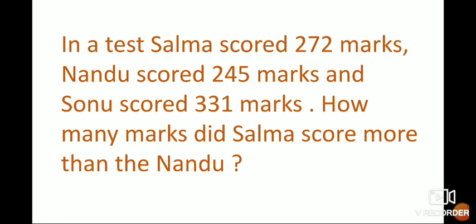Now, Salma's marks are more and Nandu's marks are less. You have to find the difference. So, we are going to subtract. Okay, so you can write here Salma's marks are 272.